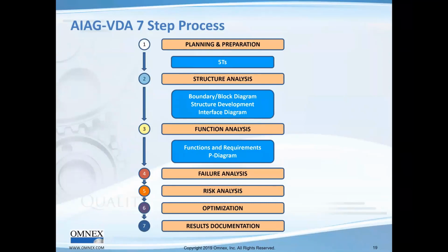Folks, in fact, this week, Thursday, I'm going to be doing one more webinar with Mr. Greg Gruska, where we talk about the problems that we see with the 7-step process and solutions. All right. So not only do you have a webinar that we've already finished with 3 of the writers of the FMEA standards, you can also get a critique and a solution from Omnex this Thursday.